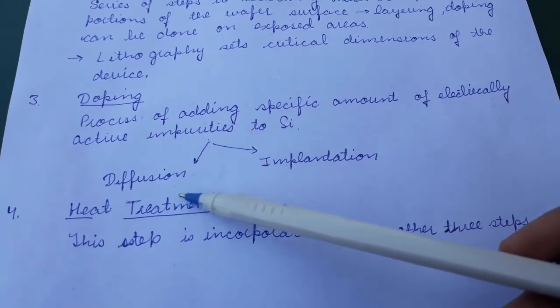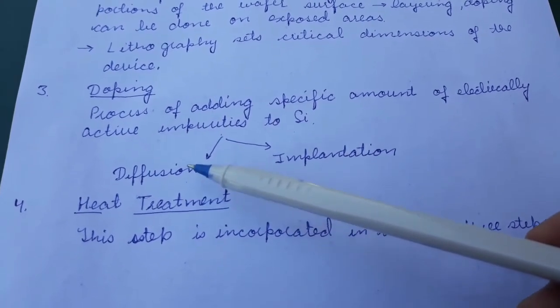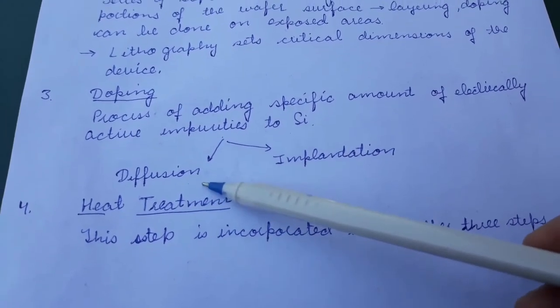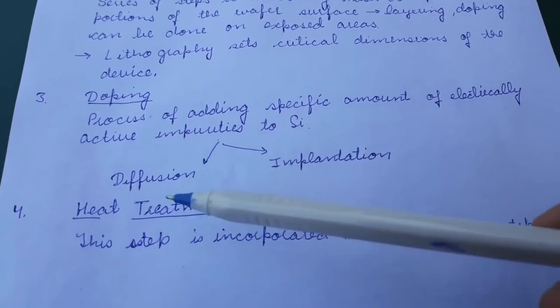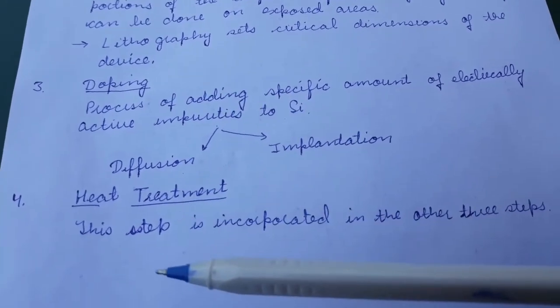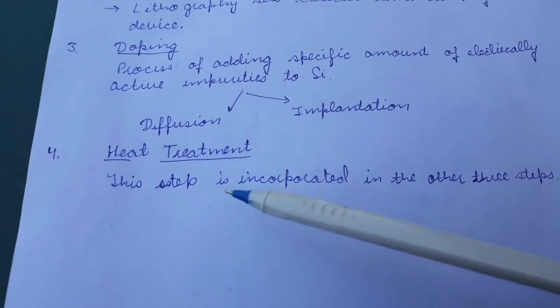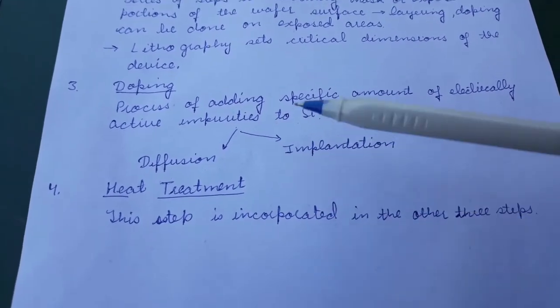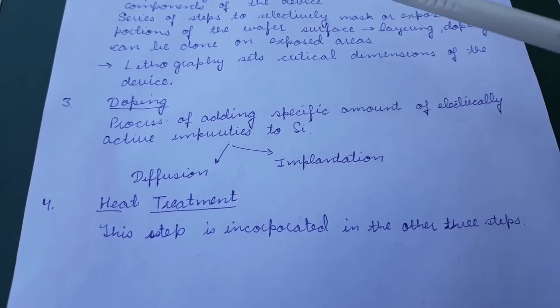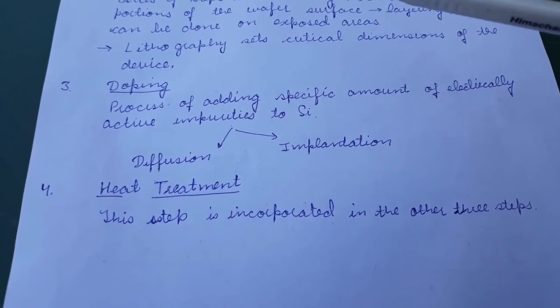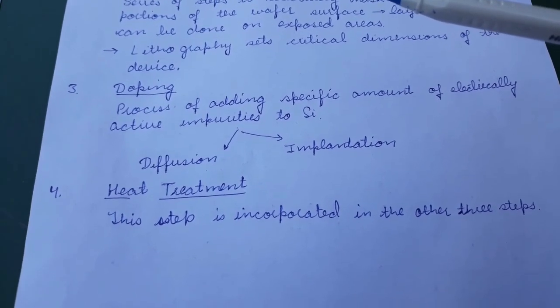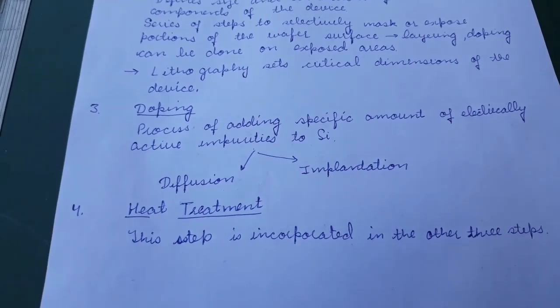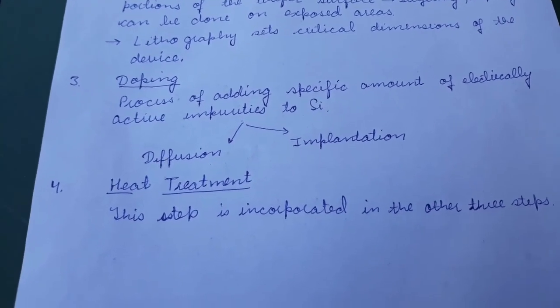Diffusion can be done by having a higher dopant concentration around the substrate and heating it so that diffusion of the ions can take place into the substrate. The next step is heat treatment. Heat treatment is not really a separate step; it will be in doping also, and in lithography also. You'll need some kind of heat treatment when we are fabricating the device. All these steps we'll be discussing in detail in the next few lectures.